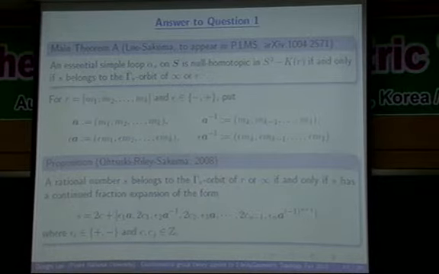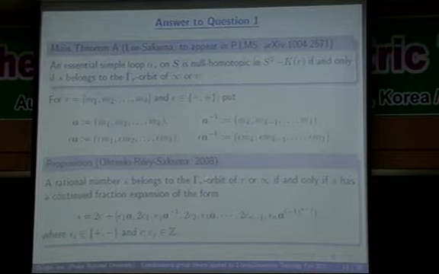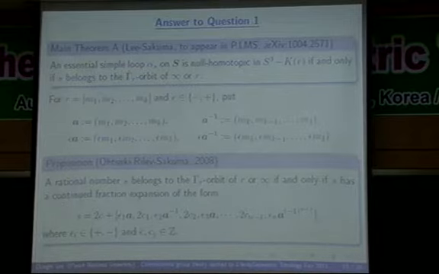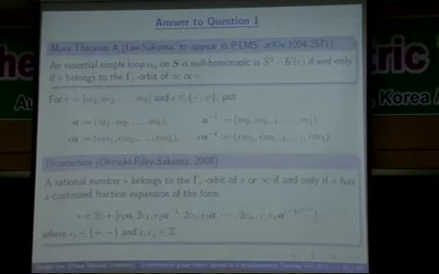Then the following proposition was proved by Ohtsuki, Riley, and Sakuma. A rational number S belongs to the gamma sub R hat orbit of R or infinity if and only if S has a continued fraction expansion of the following form. So here, epsilon i is either plus or minus, and the c and j are integers. So here, we must have even integers.